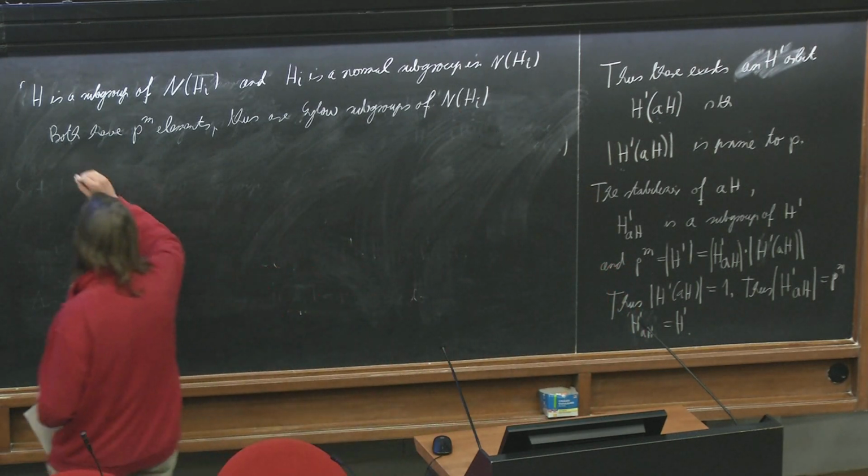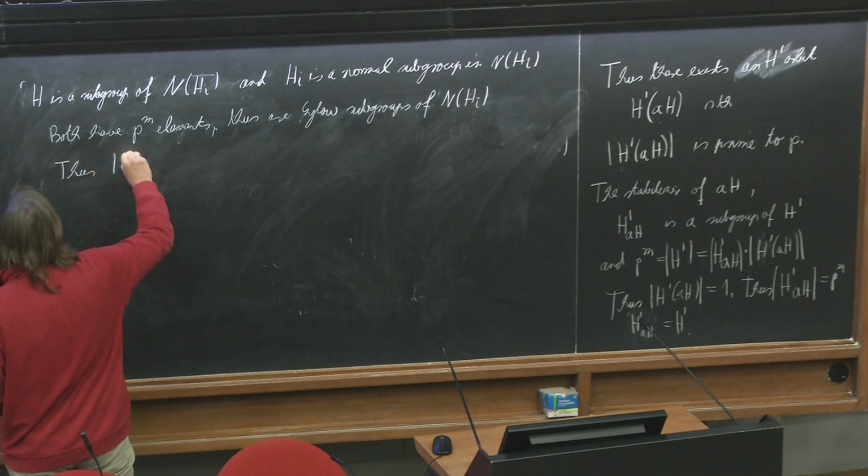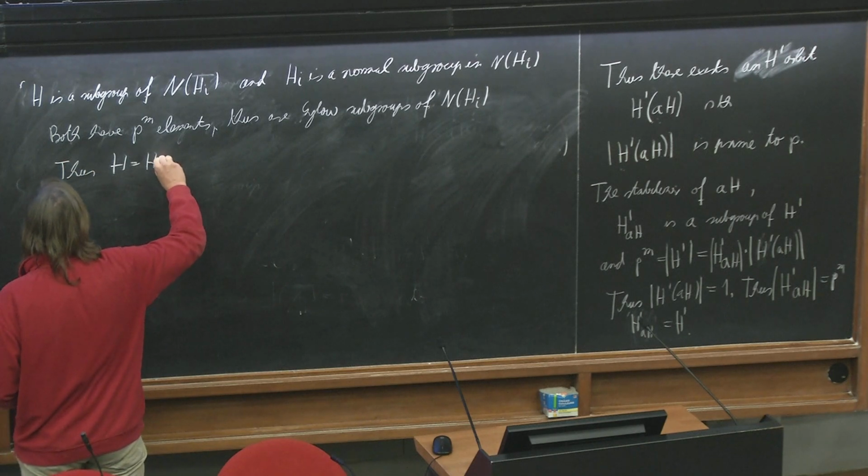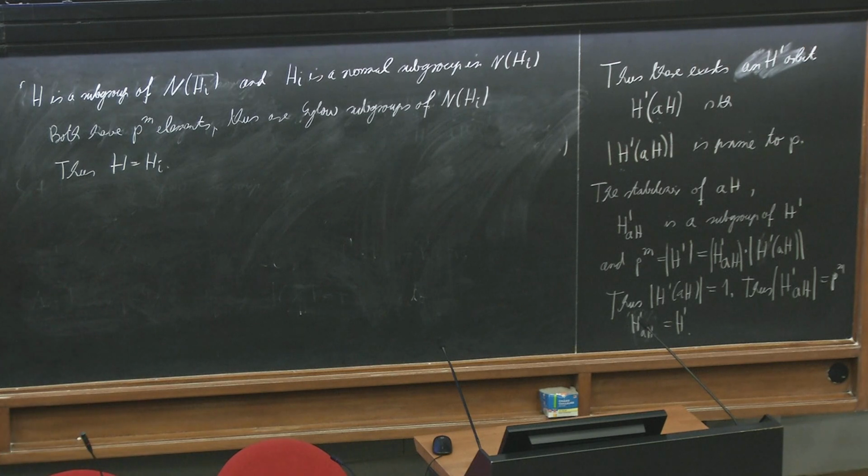So thus, H is equal to H_i. Okay, and so we find, after all this effort, that there is a unique orbit for this action of H on the p-Sylow subgroups, which consists of only one element.